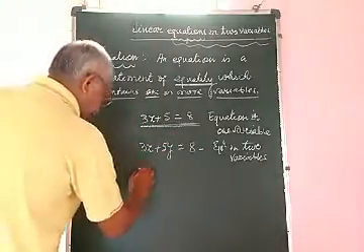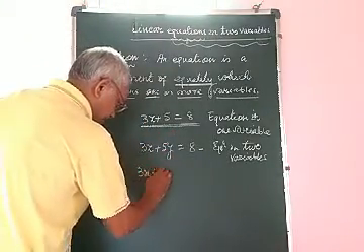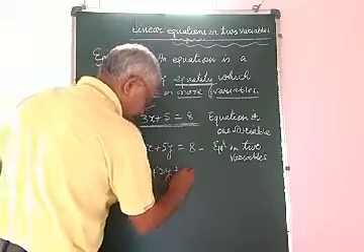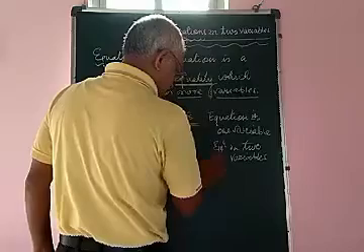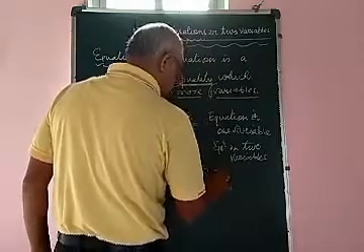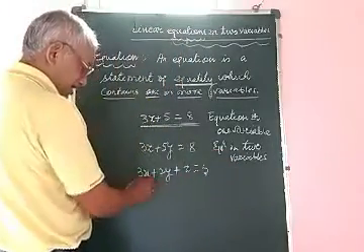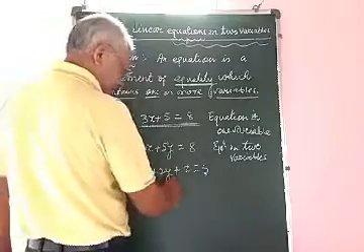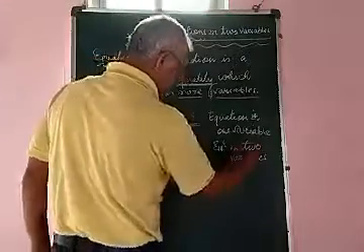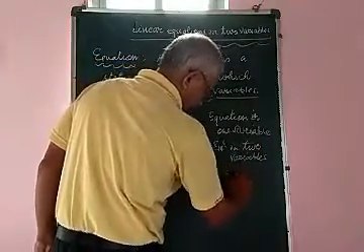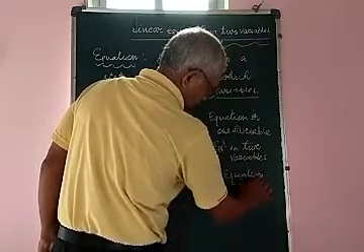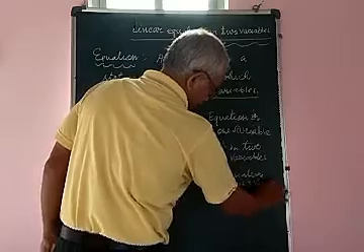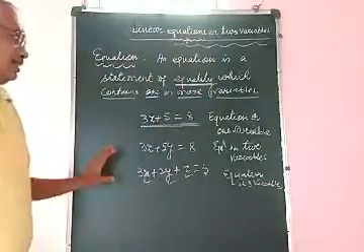And if we write 3x plus 2y plus z is equal to 5, this is an equation containing three variables x, y and z. So this is known as equation in three variables. Understand?